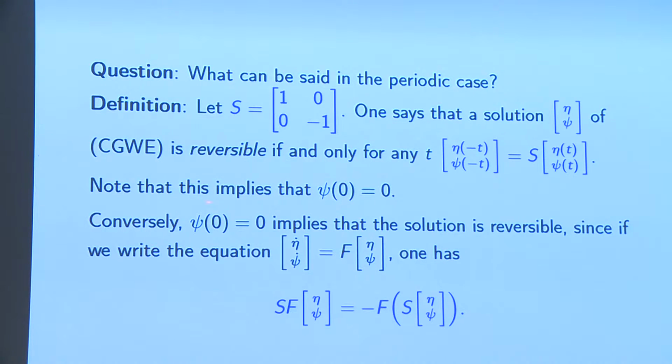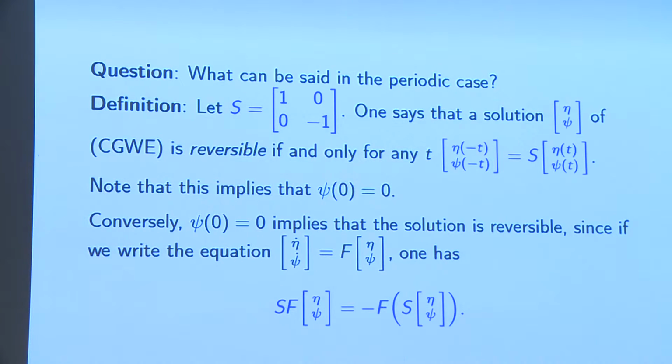And this just follows from the fact that your equation may be written as eta dot, psi dot equals some function f of eta psi, where f has the property that making this matrix S act at the left on f of eta psi, you get something which is equal to minus f of S of eta psi. And so you deduce immediately from that property that under that assumption, the solution is reversible.